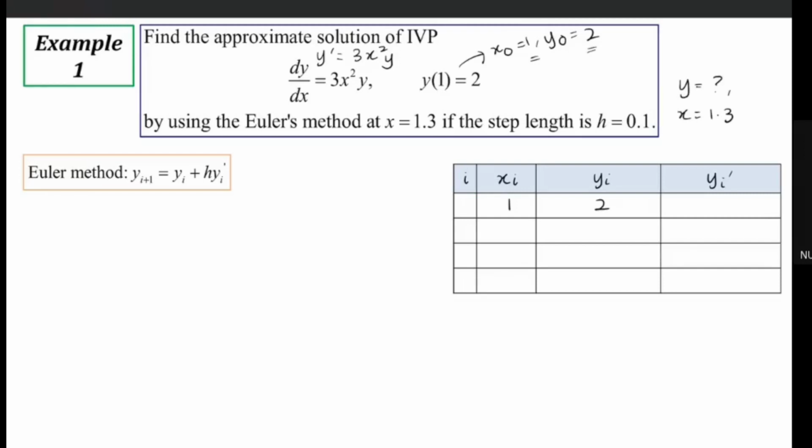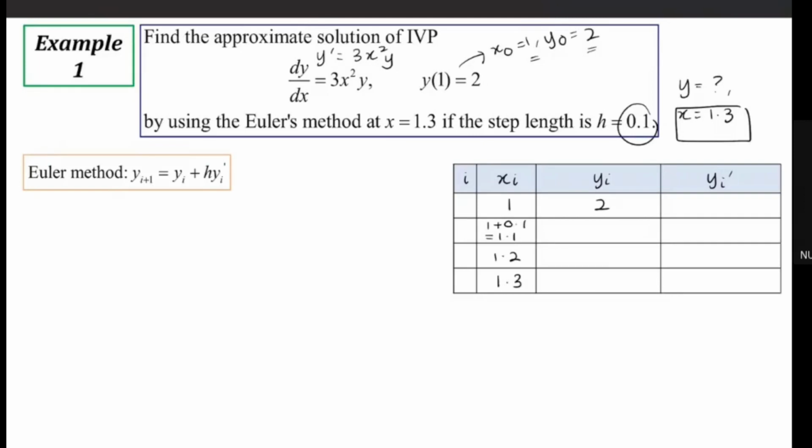And then we want x at 1.3. So the next value of x is 1 plus 0.1, which is 1.1. After that, 1.2 and 1.3.